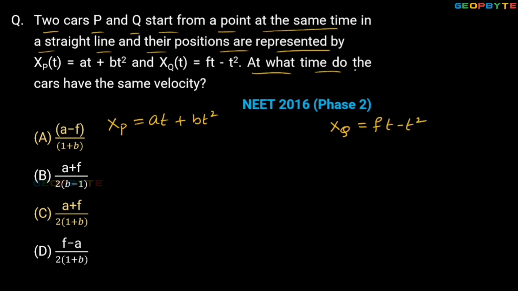At what time do the cars have the same velocity? What is the time for maintaining the same velocity in both cars?